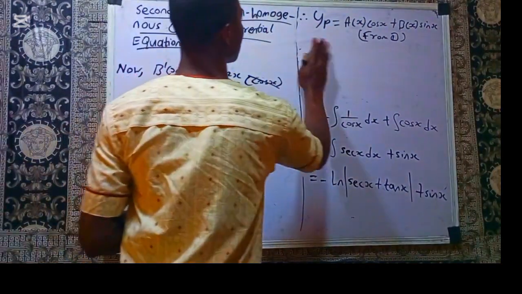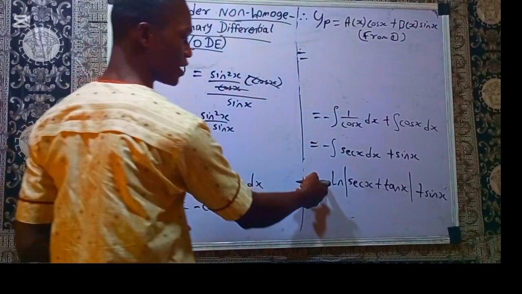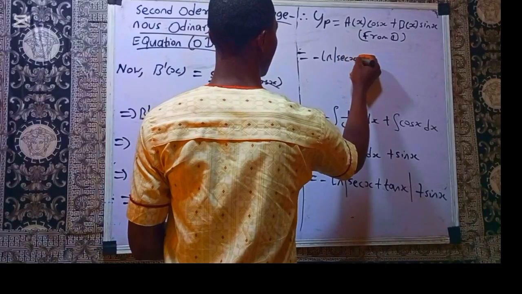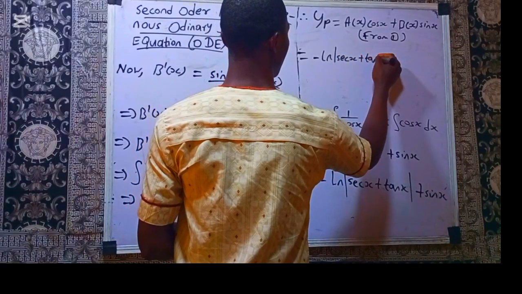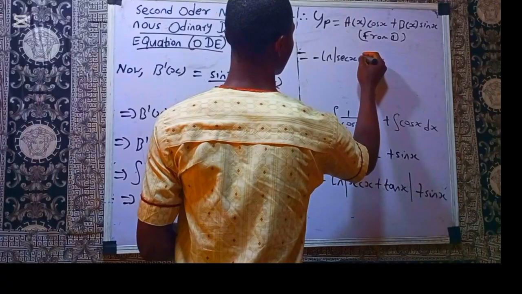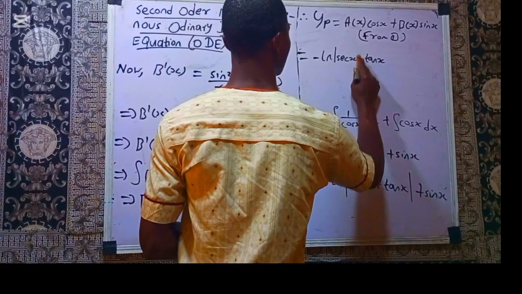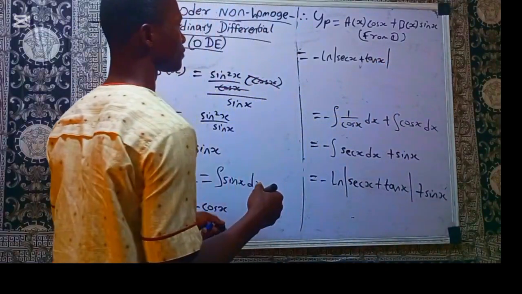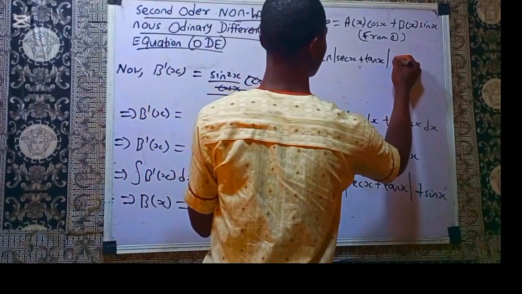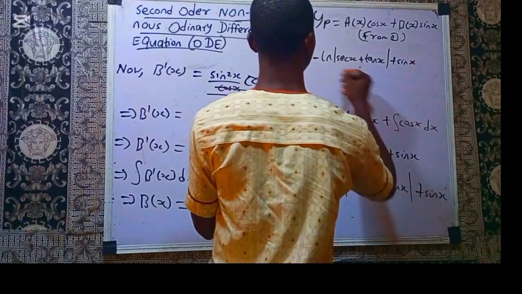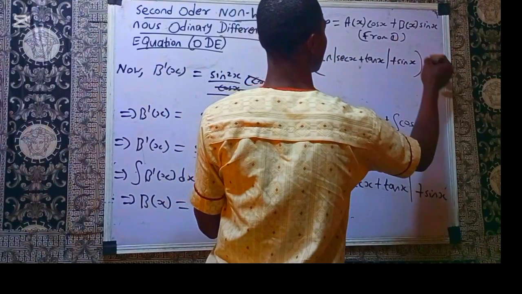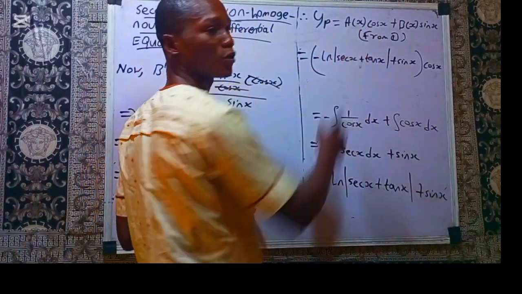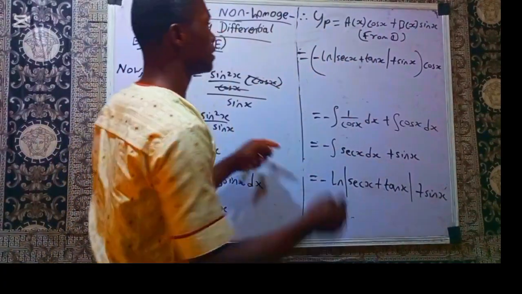So now we substitute. We have gotten our a of x. What is our a of x? Negative ln absolute value of sec x plus tan x, plus sin x. This is my a of x multiplying cos x.